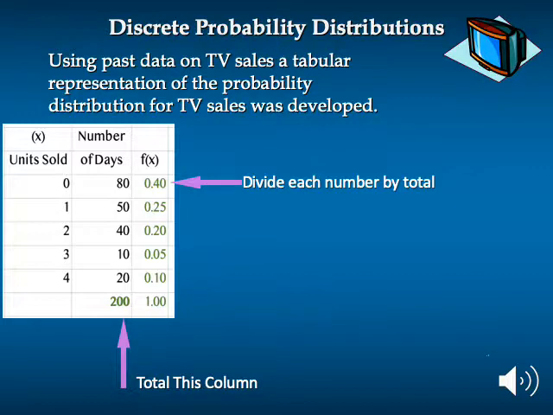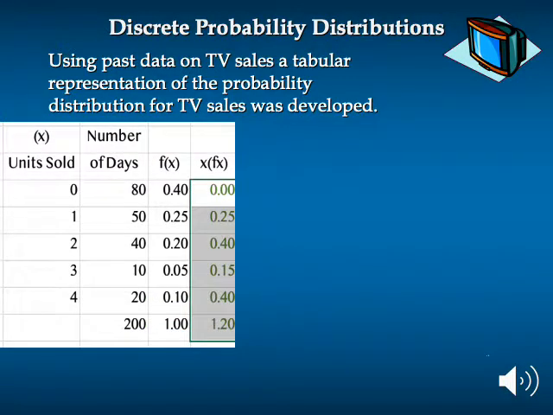So when we divide 80 by 200, that's where we get our 0.4. And the same thing is true with all of the numbers in the list. When we total up the green column, the total should and will equal 1, because that's 100% of all of the possibilities.